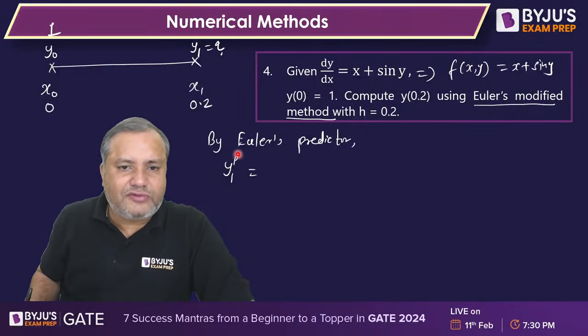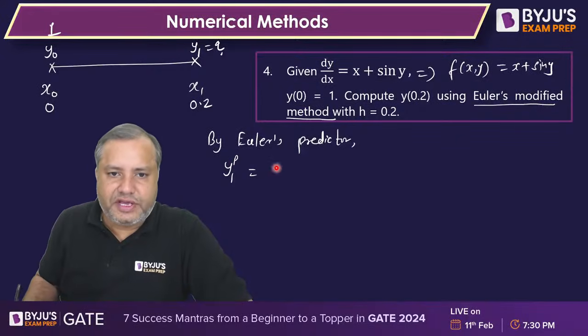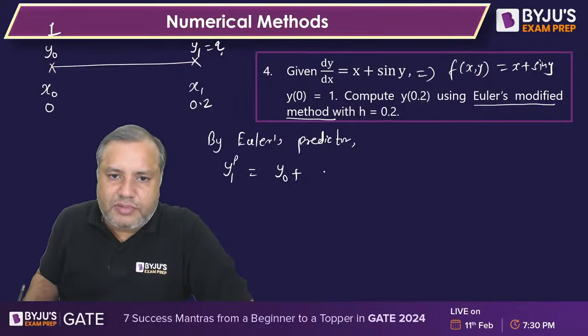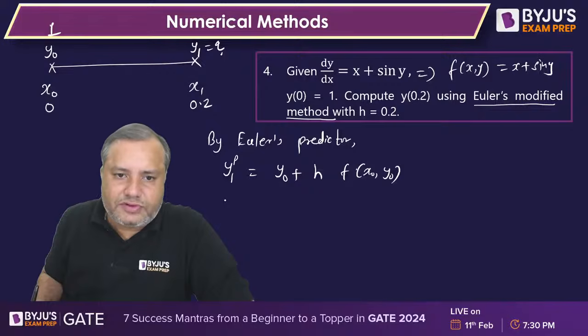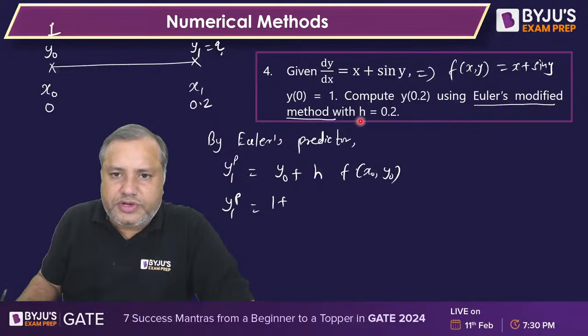Just to have the feel of that predictor formula, we have placed a letter p over here. y1p equals y naught plus h f of x naught, y naught. Let us substitute all the values. See the number line. y naught is 1. h is 0.2, as mentioned in the problem.